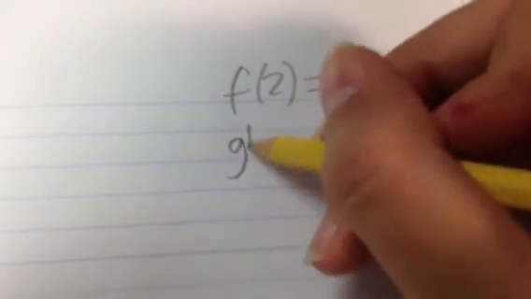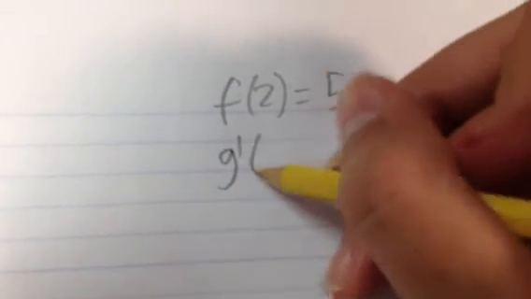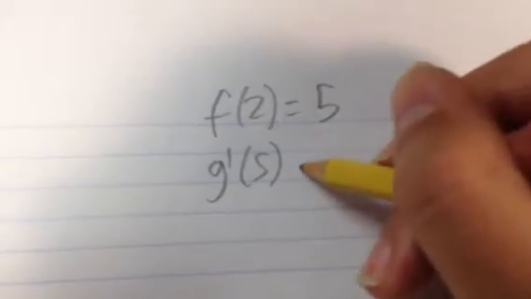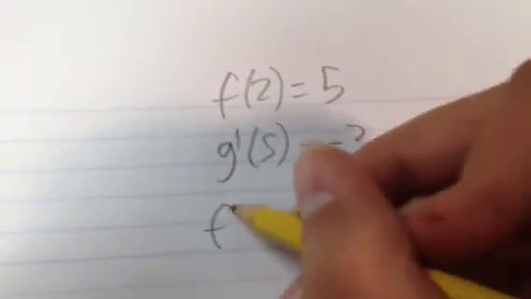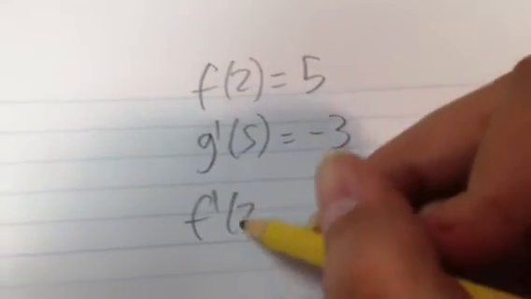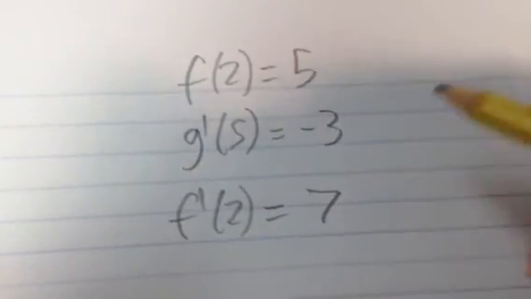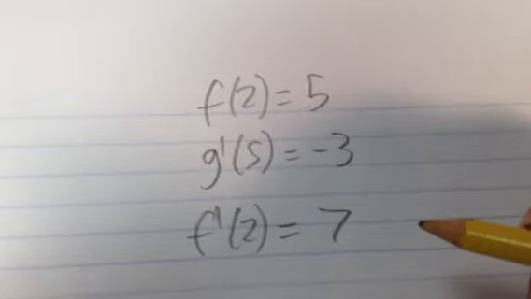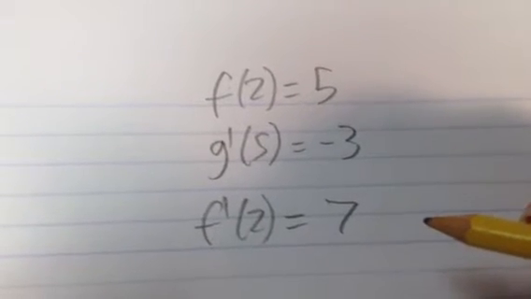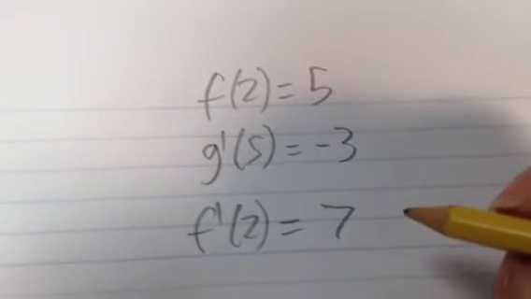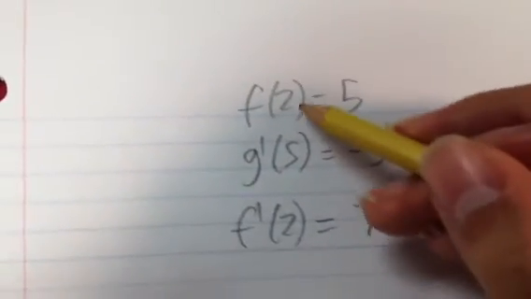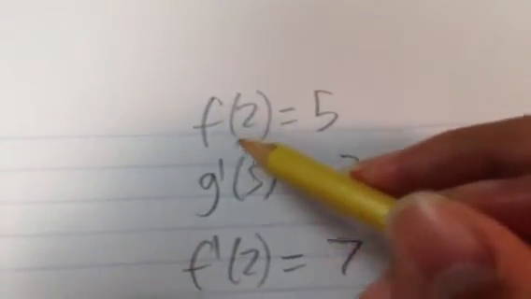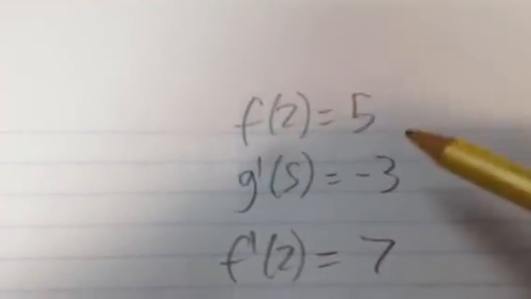Then g prime of 5 is going to equal -3. And f prime of 2 is going to equal 7. Now, we don't know what f of x is, or its derivative, and we don't know what g of x is, or its derivative. We only know that at the given values of x, 2, 5, and 2, we're going to get these values.